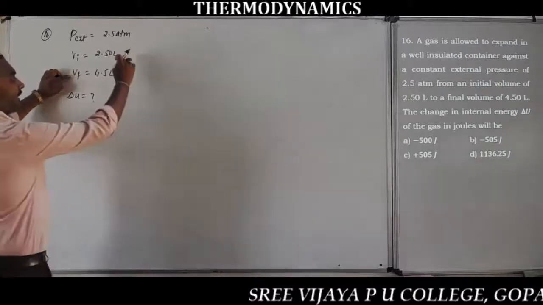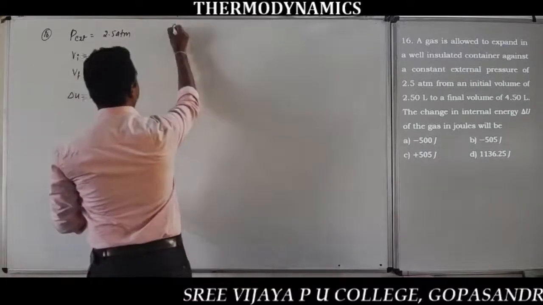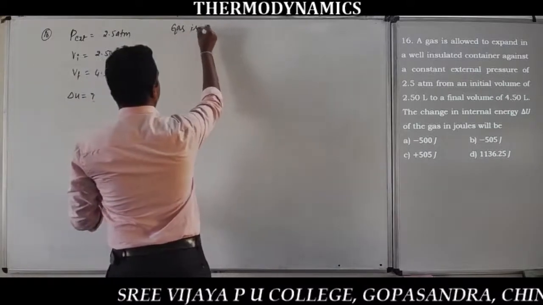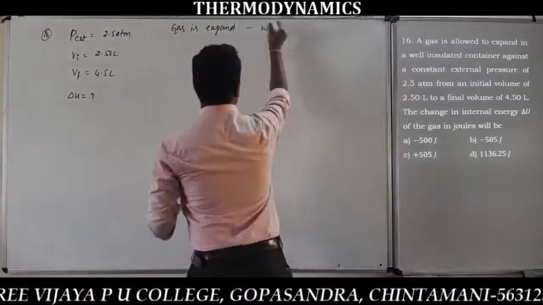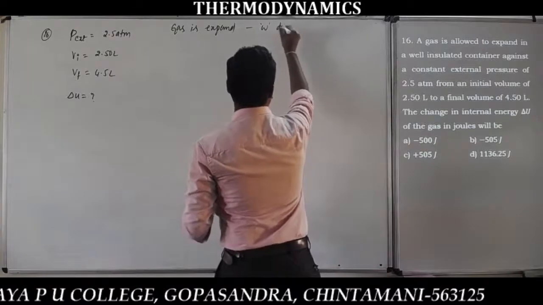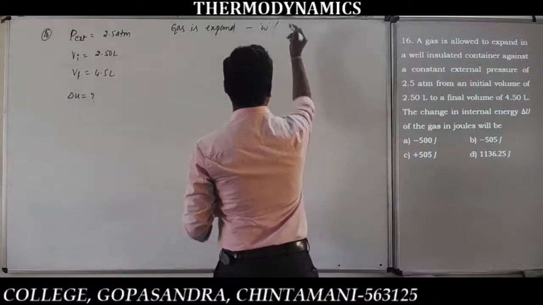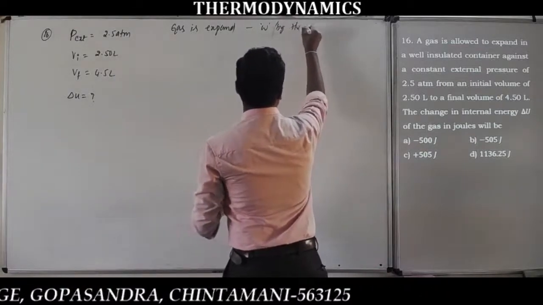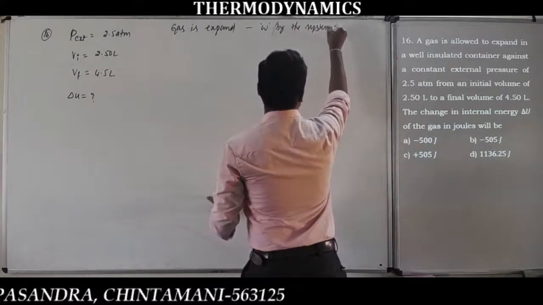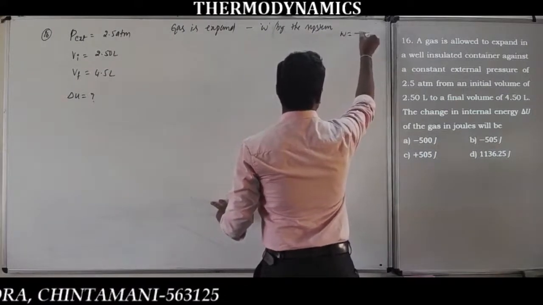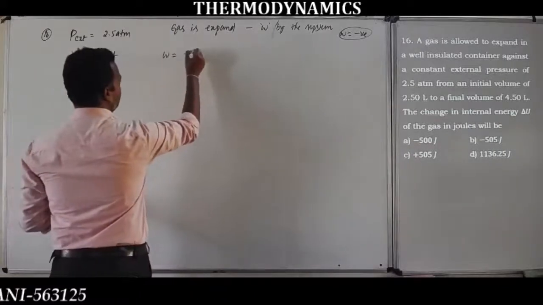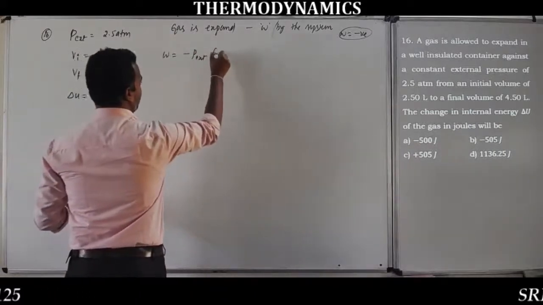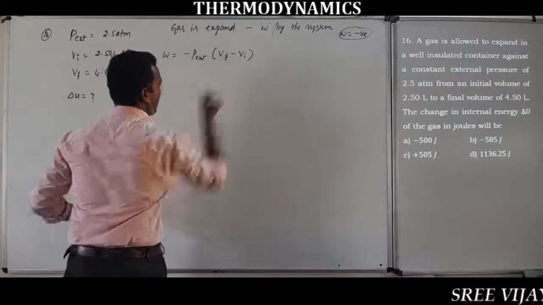Definitely work done by the system, because the gas is expanded. So the work done W by the system must be 100% negative. The equation is W is equal to minus P external into VF minus VI.